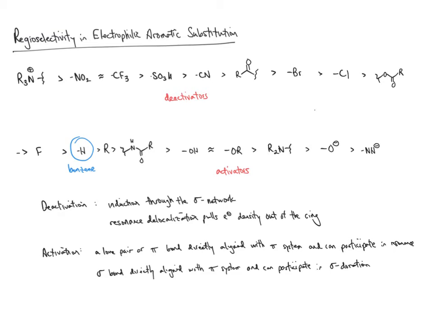Right, so we want to understand what the regioselectivity of these reactions are. Okay, and this really has to do with something known as the ortho, meta, para selectivity. Okay, so this is the regioselectivity of the reaction.